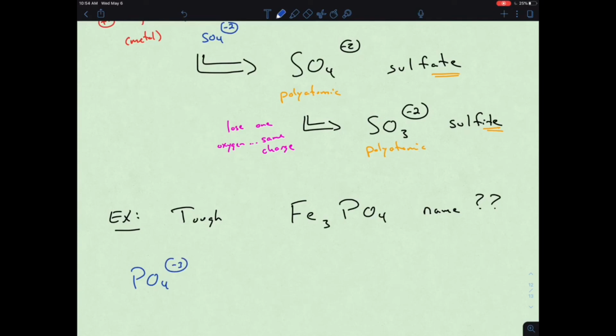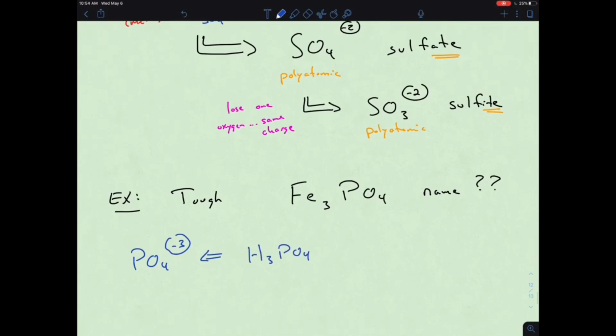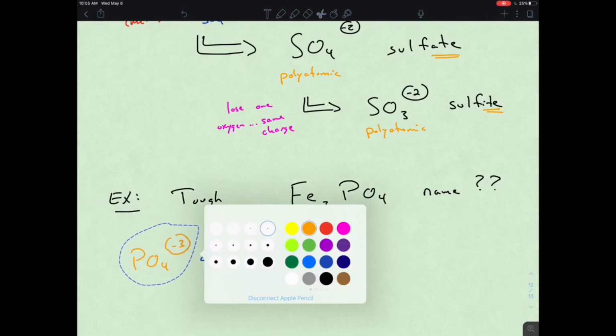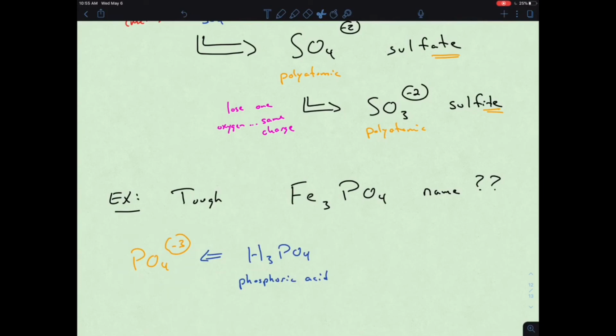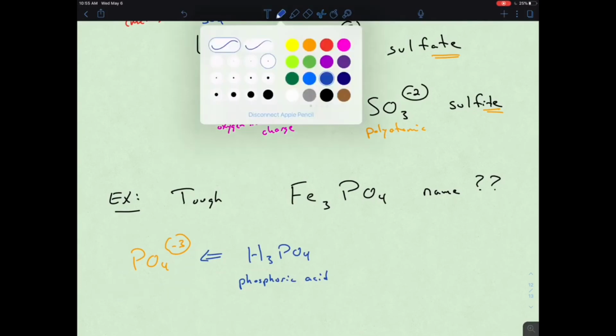we could actually think about it in terms of what I was just describing above, that if I put hydrogens there, I know that this is actually phosphoric acid. So that means my polyatomic that I have here must be phosphate.